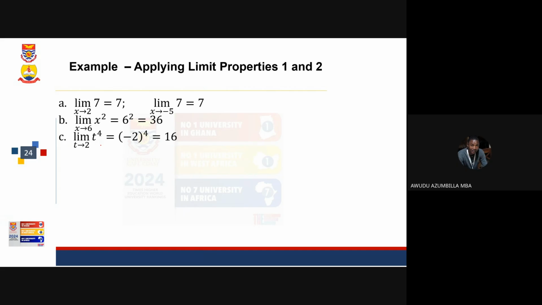And these are some small examples about the limit. The first one is a constant. When you take the limit of a constant, you are going to get the constant. The second one is clear: if you have the limit of x squared as x approaches 6, you have to know that the 6 will come and be raised to the power 2.